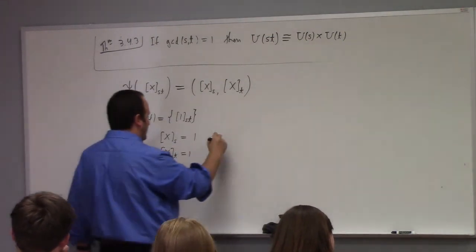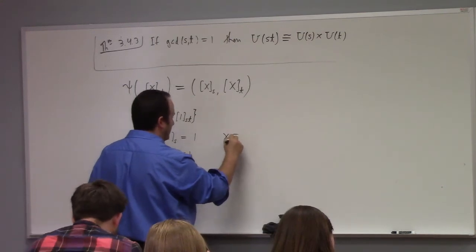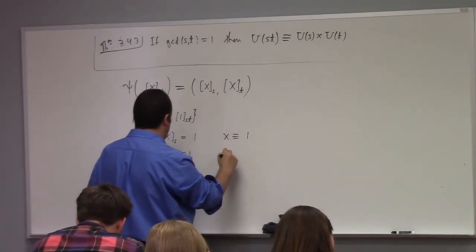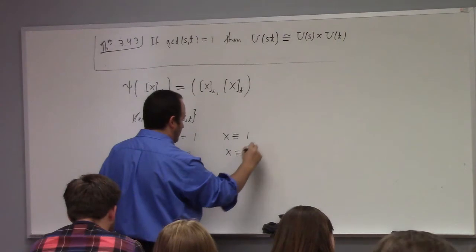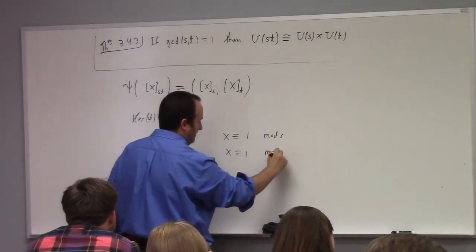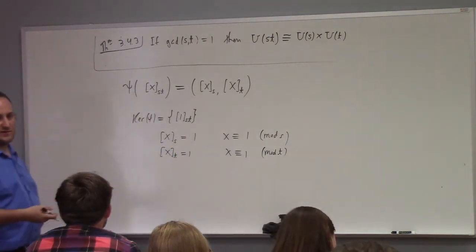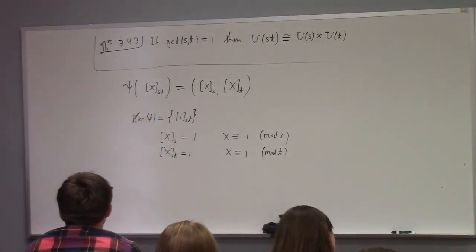That means you're trying to solve x congruent to 1 mod S, and x congruent to 1 mod T, right? And why does a solution exist? What theorem gives us the existence of an x? Yeah, the Chinese remainder theorem says that we can solve these because we're talking about relatively prime moduli, S and T.